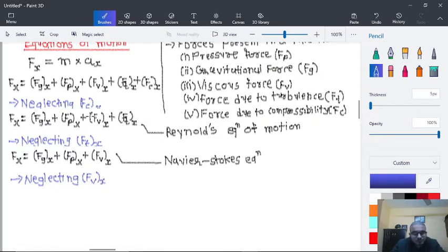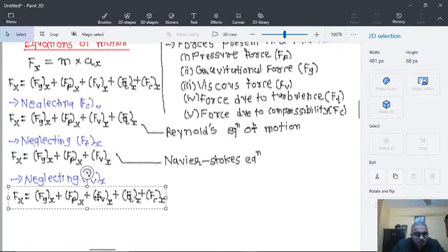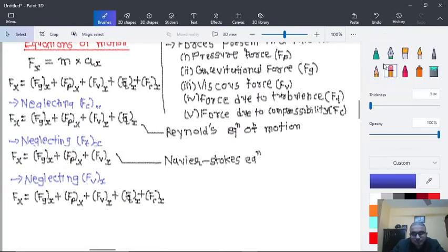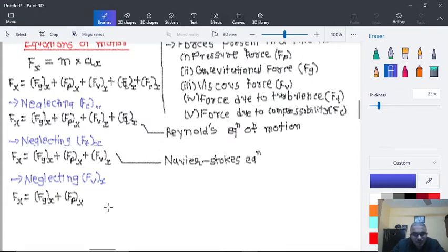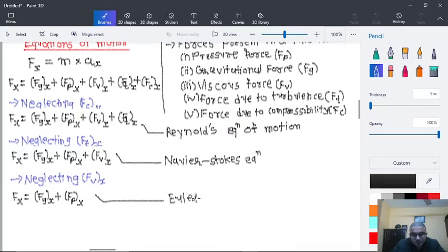Then we are left with this equation, and this is known as Euler's equation.